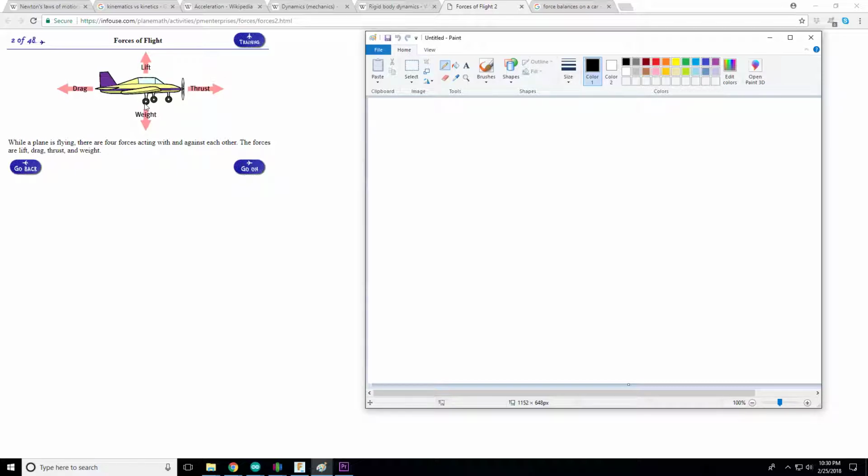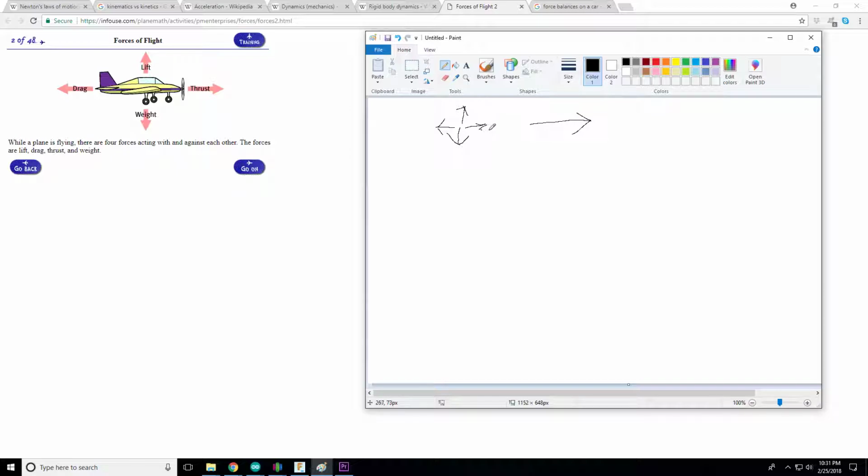You have a lift force, a weight force, a thrust force, and a drag force. Now you could see here that we have a few things that need to happen in order for this machine to operate. So obviously, if you're trying to go this way, this is your desired direction, which is forward in comparison to the plane.